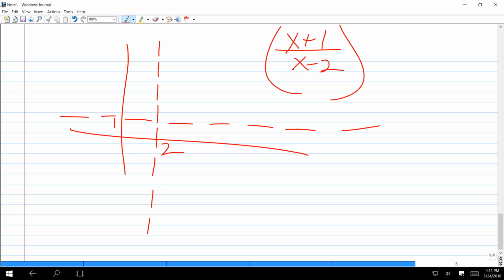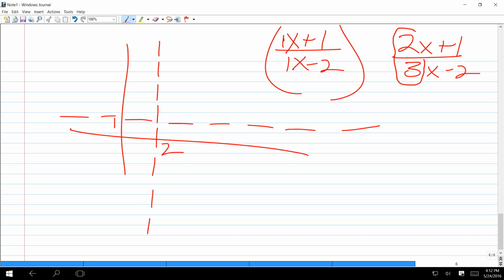It means the coefficient of the highest degree in the numerator is 1. There's a 1 right there. And the coefficient of the highest degree in the denominator is 1, and they're both the same degree. They're both x to the 1. So therefore, the horizontal asymptote is 1. Let's say I had 2x plus 1 over 3x minus 2.